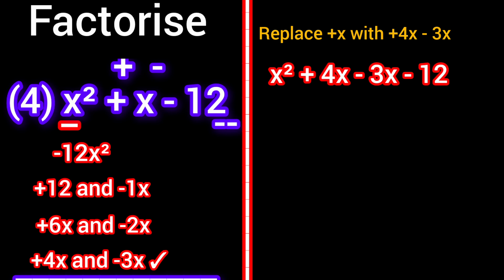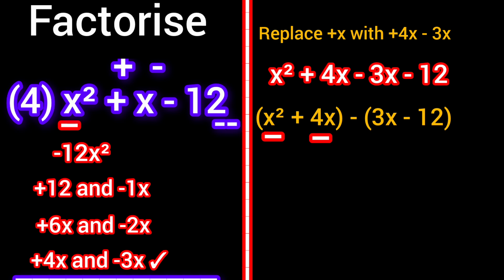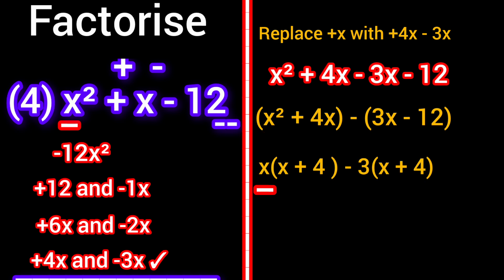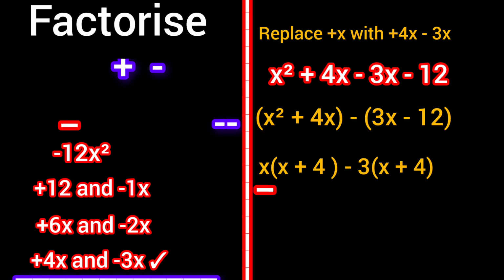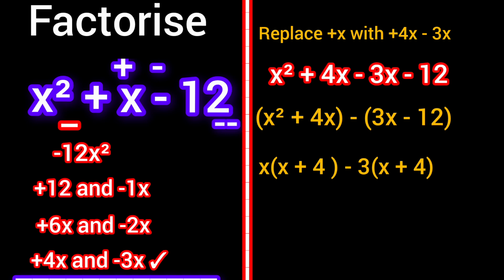Then we have open bracket s squared plus 4s close bracket minus open bracket 3s plus 12 close bracket. When you check, both of them have s. So we are going to factor s out. We now have s plus 4 close bracket. Since 3 can divide itself and can also divide 12, we are going to have minus 3 outside.